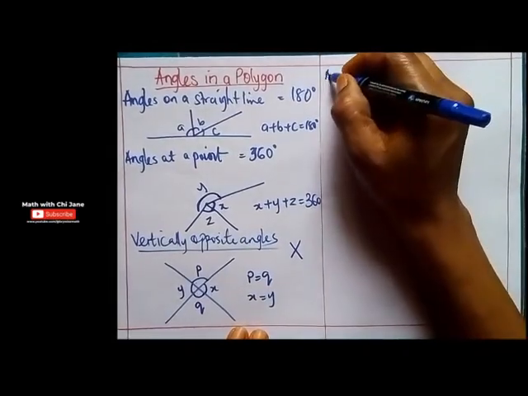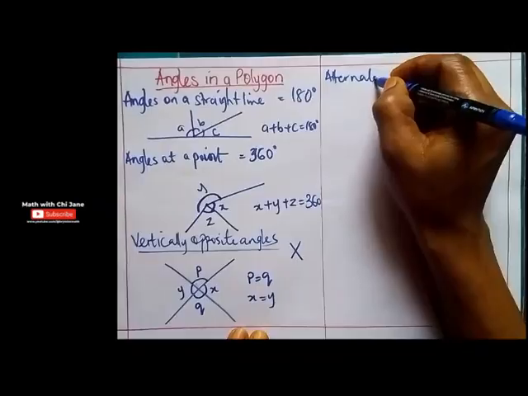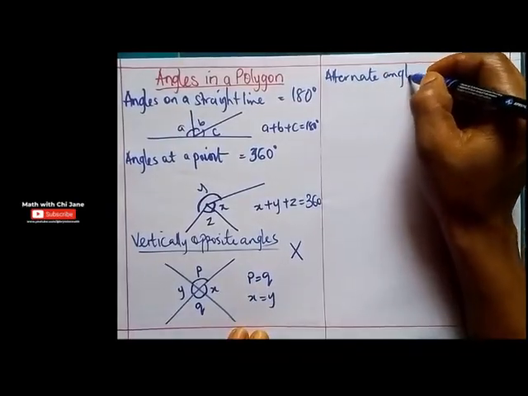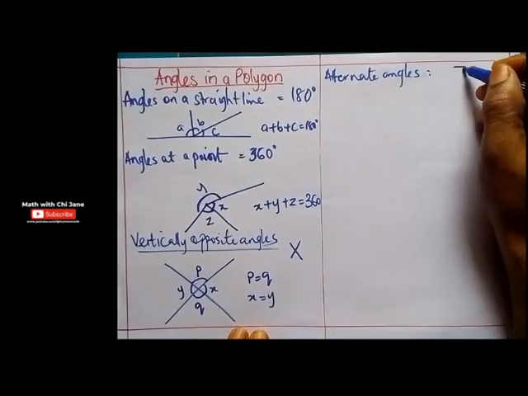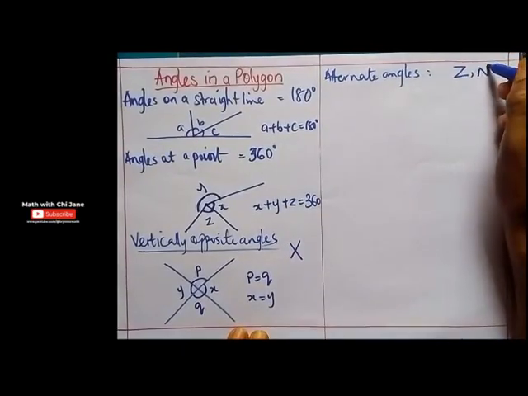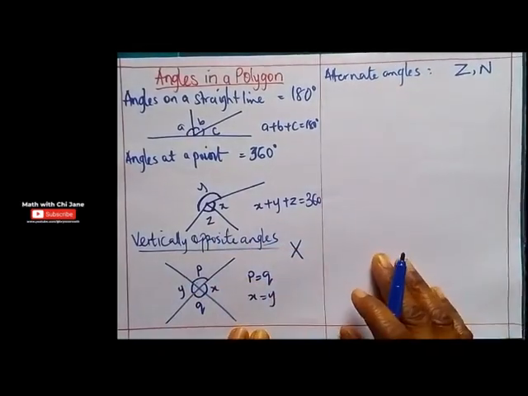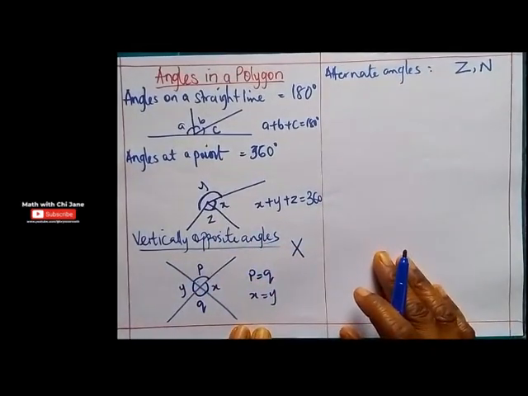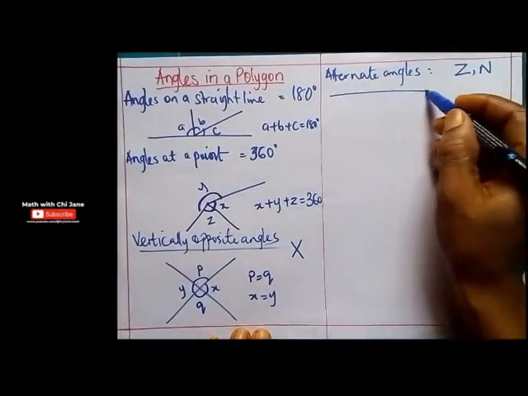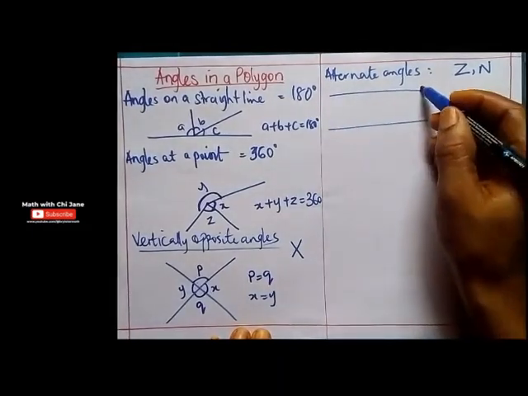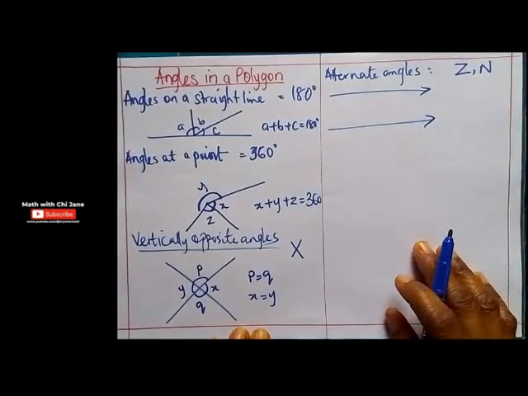Then the next one is alternate angle. Alternate angles also are equal. I call it the letter Z. It can be letter Z, it can be letter N, depending on how the parallel line is formed. Now, these are parallel lines moving in the same direction but can never meet.